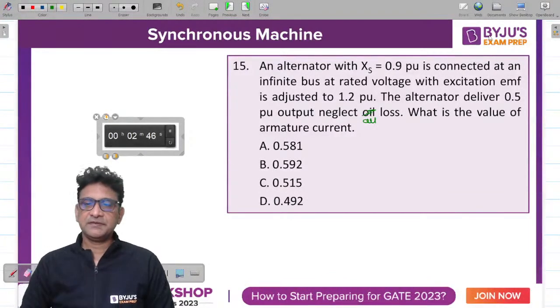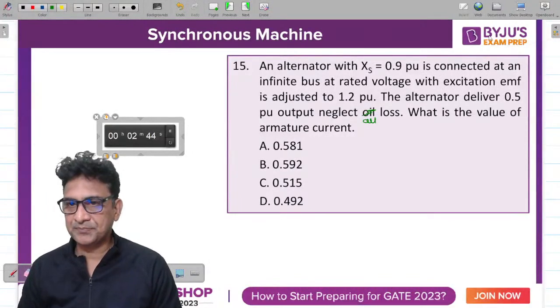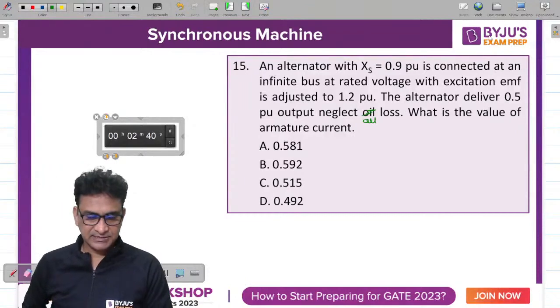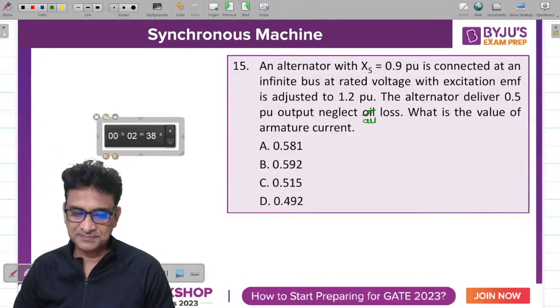Vt is given, Ef is given, Xs is given, the active power is given. C, 0.515.